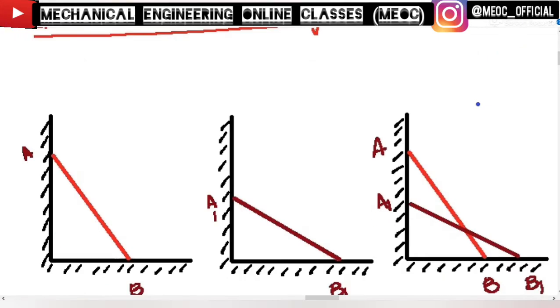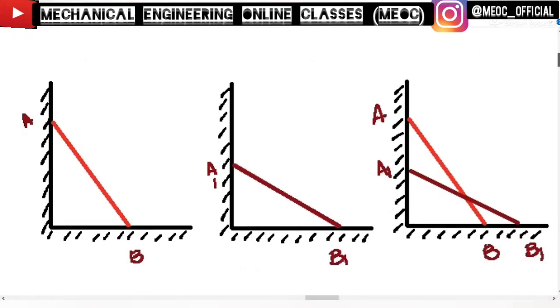Let us just see an example. A rod is initially in the first figure. One end is at A, the other end of it is at B. If the rod tends to slide rightwards, this point A will come down to some A1 point and B will move rightward to some B1 point.